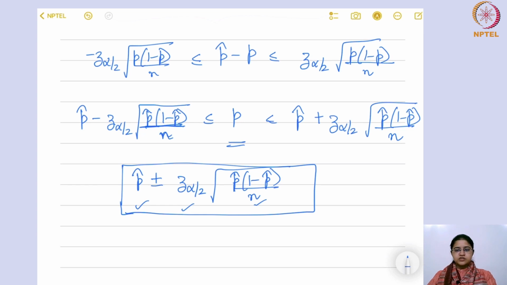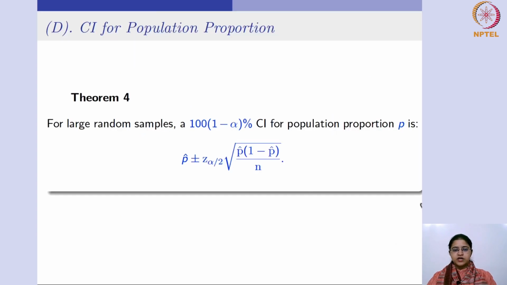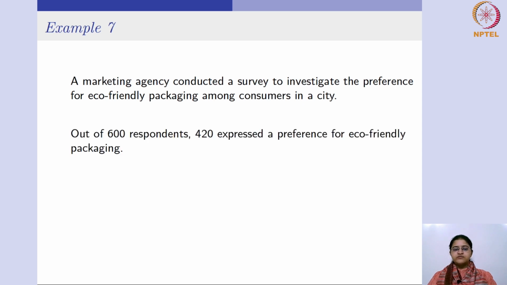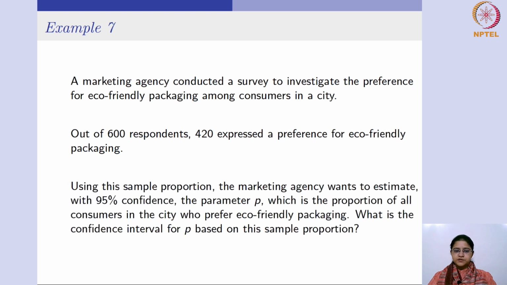So let us look at the example now. Suppose a marketing agency conducts a survey to investigate the preference for eco-friendly packaging among consumers in a city. Out of 600 respondents, 420 express a preference for eco-friendly packaging.